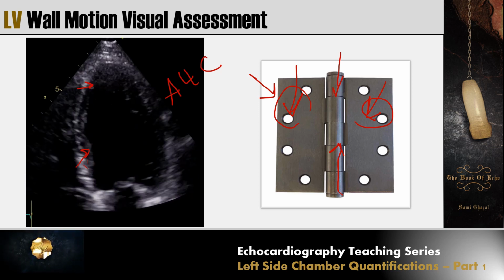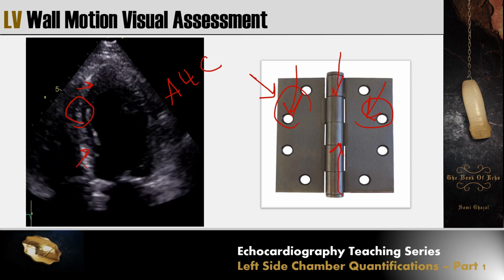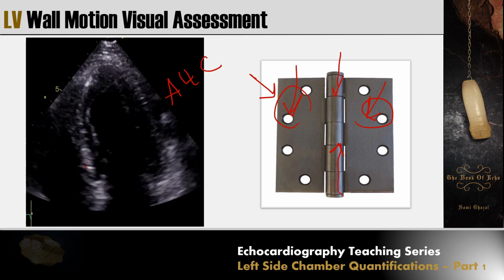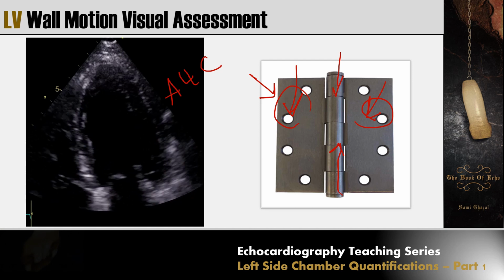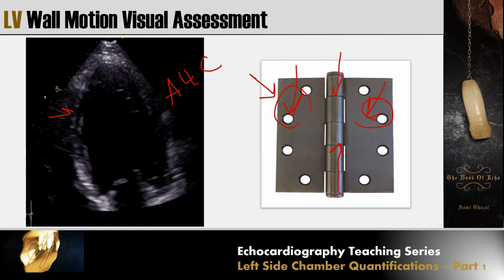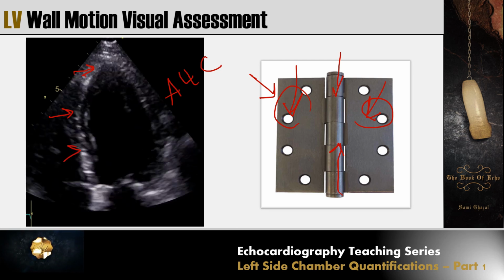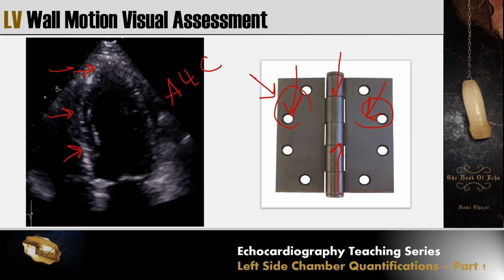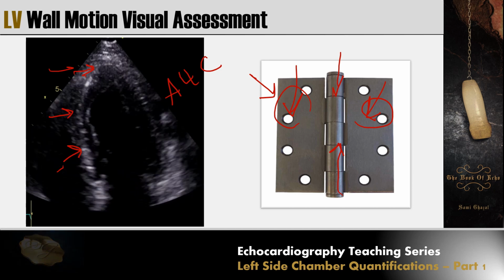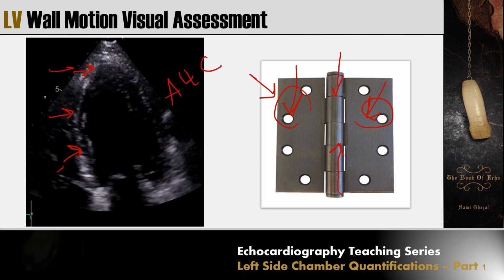It's thickened, but here it is not. It is fixed. It indicates an ischemic part, and we call it a hinge point. So it is fixed here, but it is mobile here and mobile here. Or it thickens apically and basally, but not in the middle. So there is a hinge point and it indicates an ischemic segment.